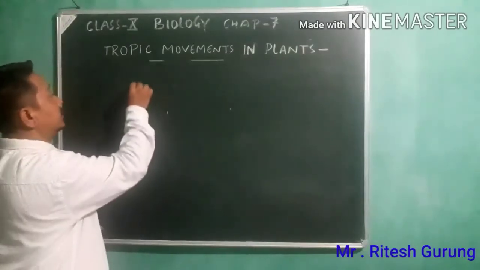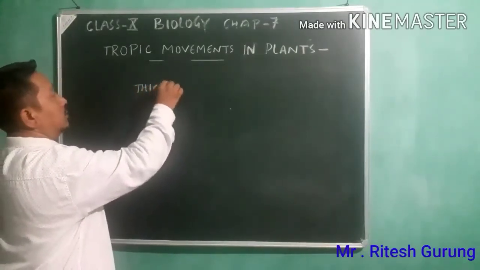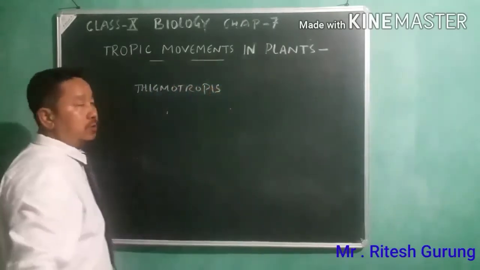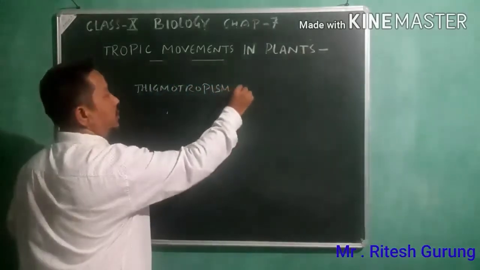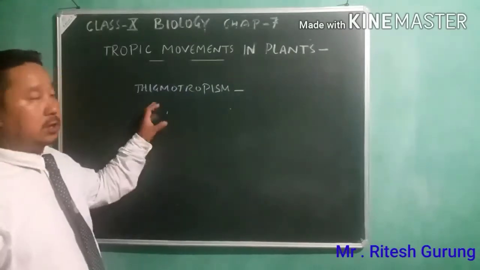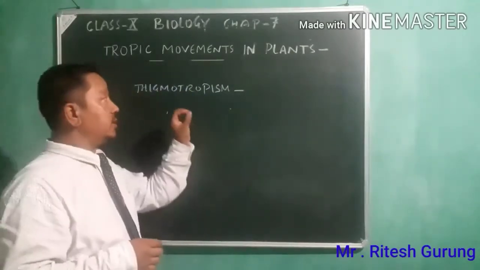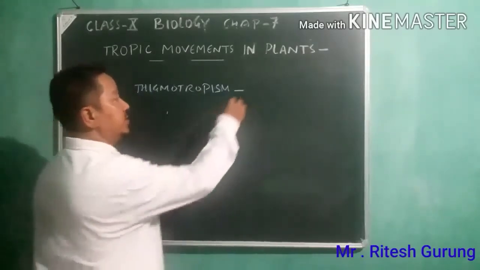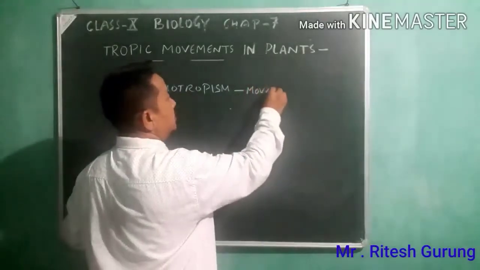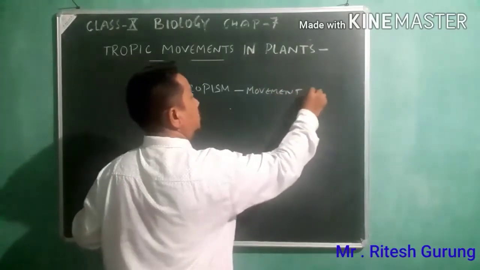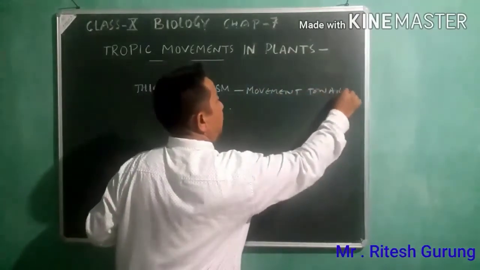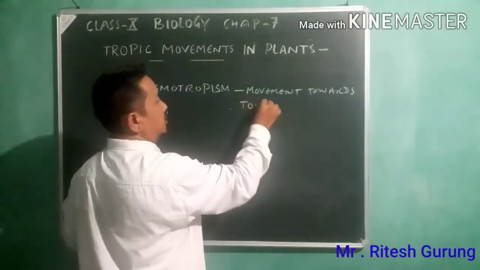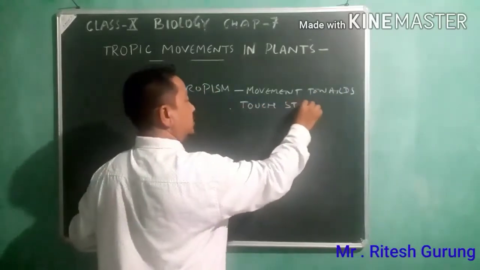Now we have thigmotropism. Thigmotropism, another growth response or movement shown by the plants, means movement towards touch stimulus.